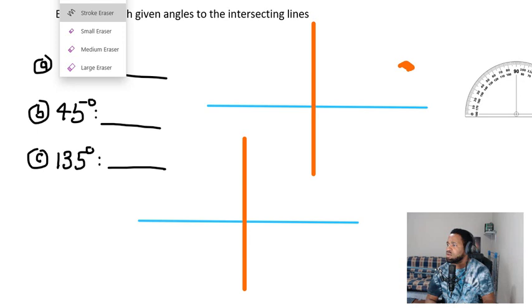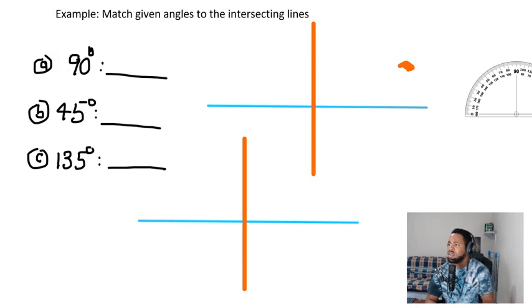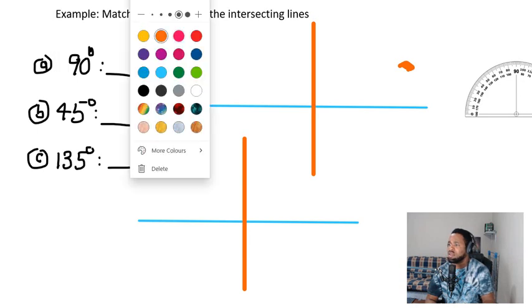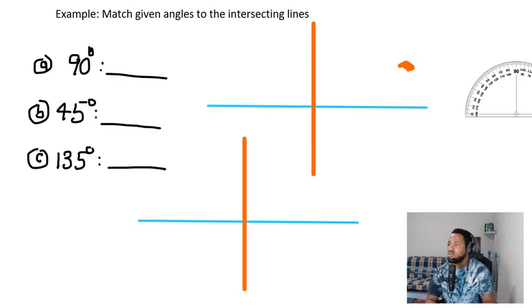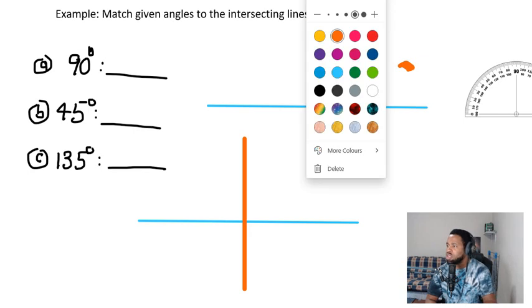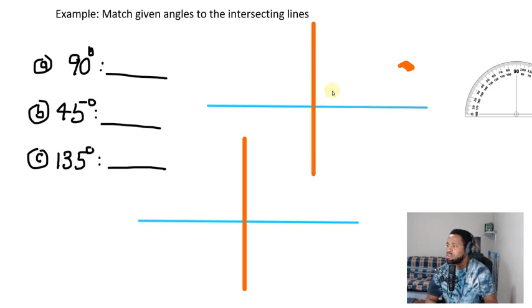To show that, you draw a shape that looks like a curve, and then you draw an arrow and put the angle here to be 90 degrees. And yes, that is the measure for 90 degrees.